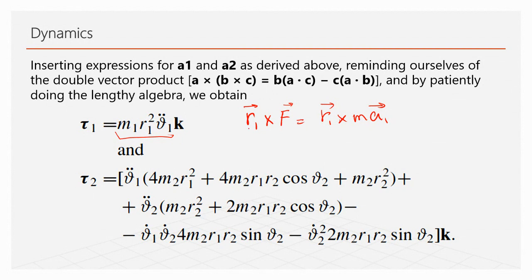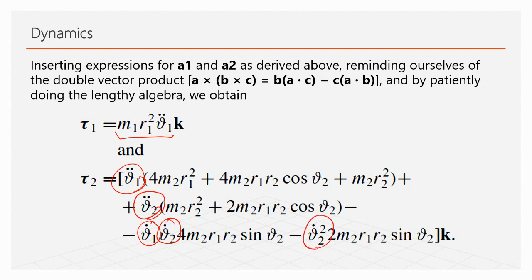And torque at the second mass is related to the first angle second derivative, second angle second derivative, and speed of first link and second link, plus the length and angles of the robot arms.